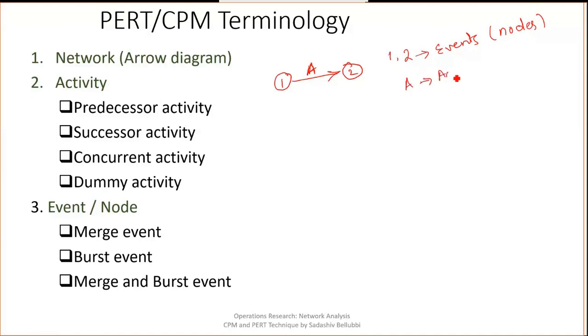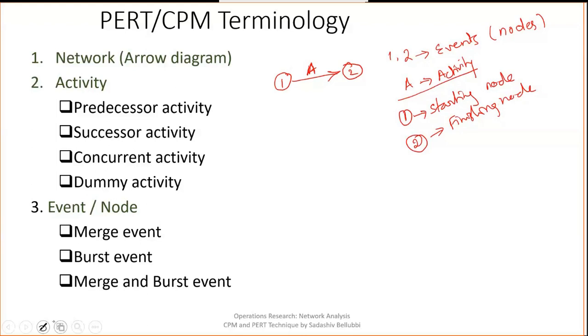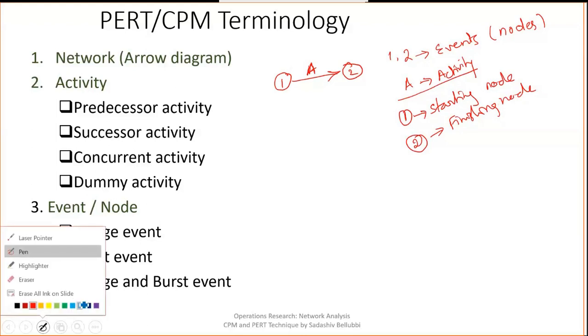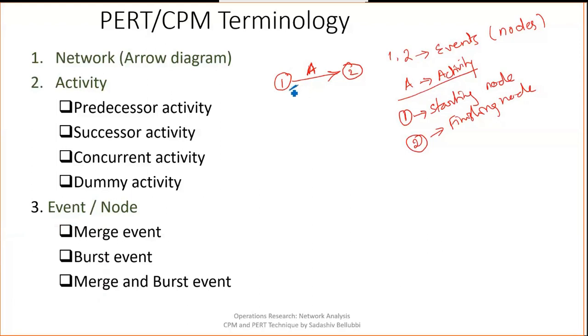For activity A, the first node is the starting node, whereas 2 is the finishing node for activity A. How do we identify the starting node and finishing node? By the tail of the arrow. The tail of the arrow is at 1, so this is the starting point, and it reaches 2, so that is the finishing point.